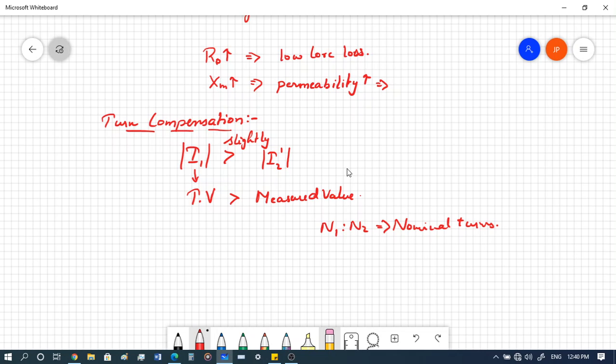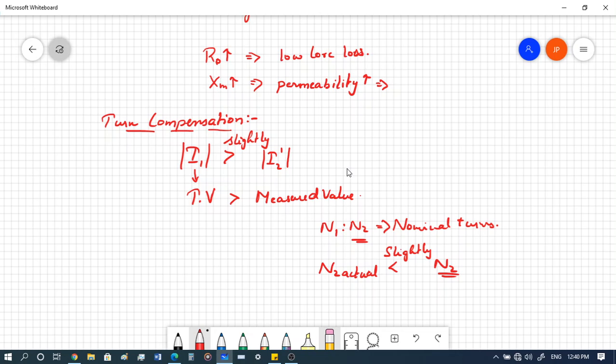But in order to slightly compensate this error in the current, the manufacturers keep the actual value of N2 slightly less than the nominal N2.